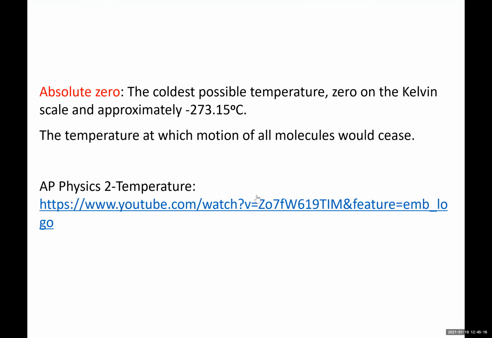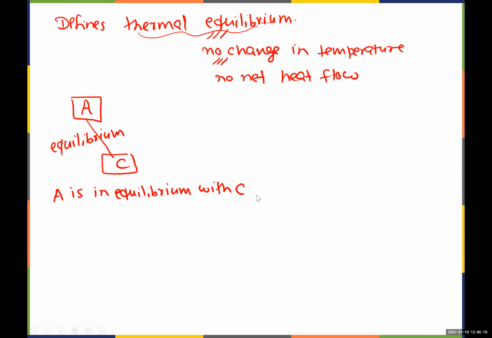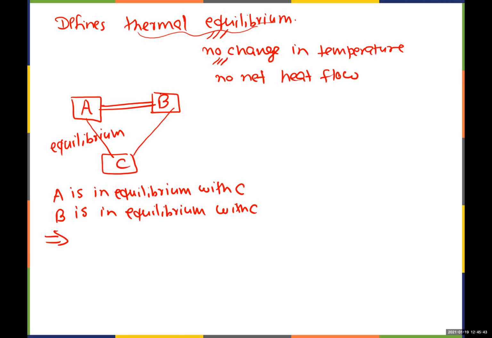And we have another object B, which is also in equilibrium with C. So B is in equilibrium with C. Then according to this law, if this is the condition, then A and B are also in equilibrium.